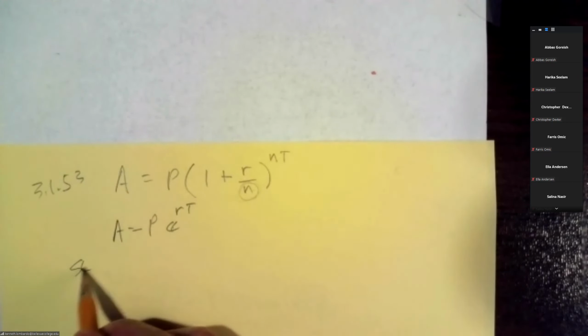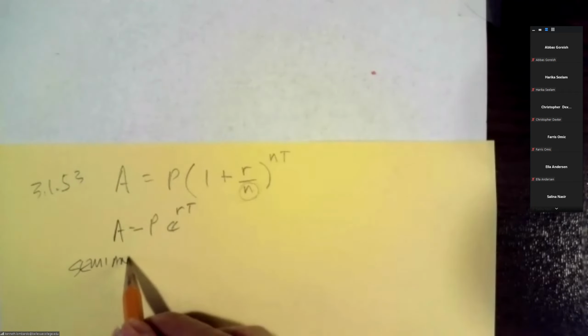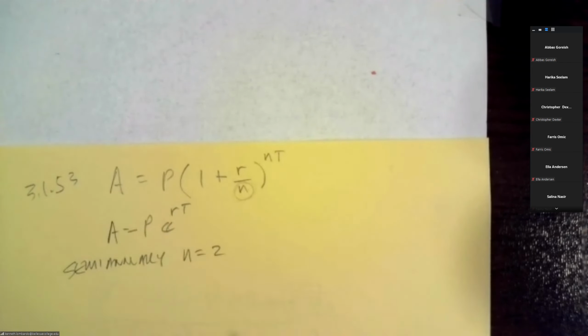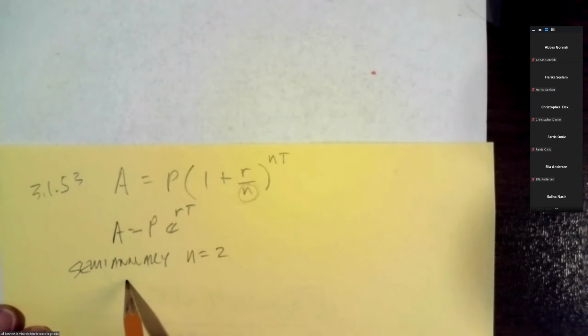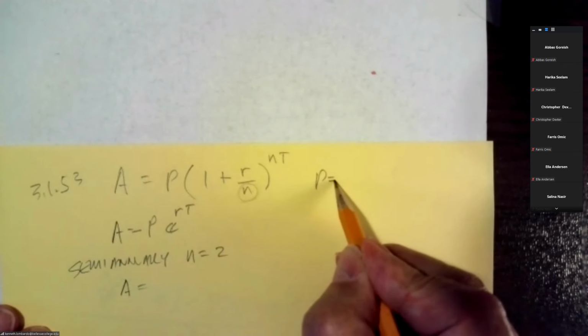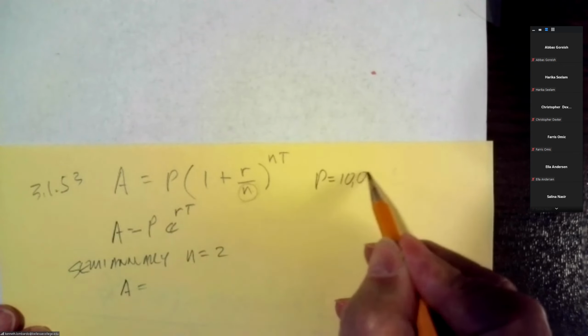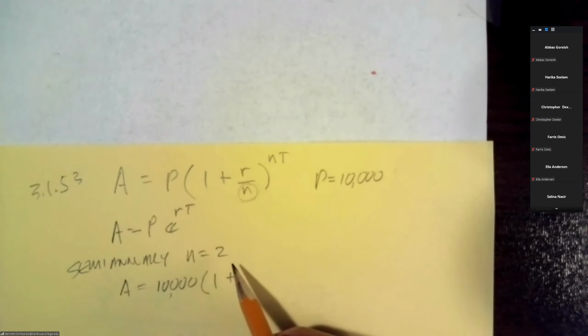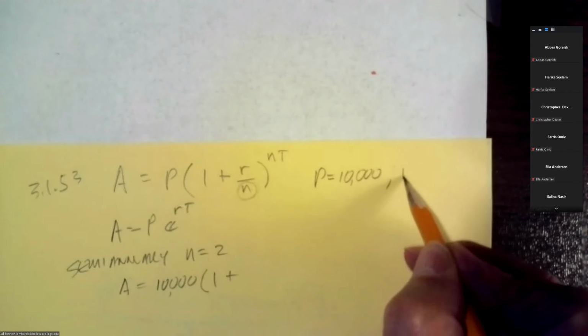So N is 2. So A, the amount we receive, and we're given P equals 10,000. So that's 10,000 times 1 plus, and the rate we're given is 5.5%.